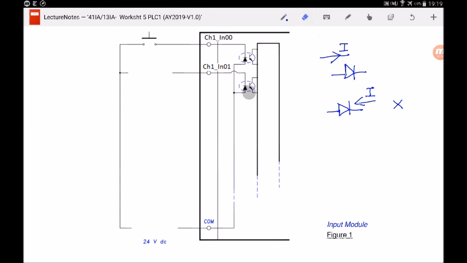So if you take a look at this diode again, we want the current to flow through, right? So the current must be flowing this way. Current can either flow clockwise or anti-clockwise. In this case, since the current is flowing this way, it will have to flow this way. And I stands for current.